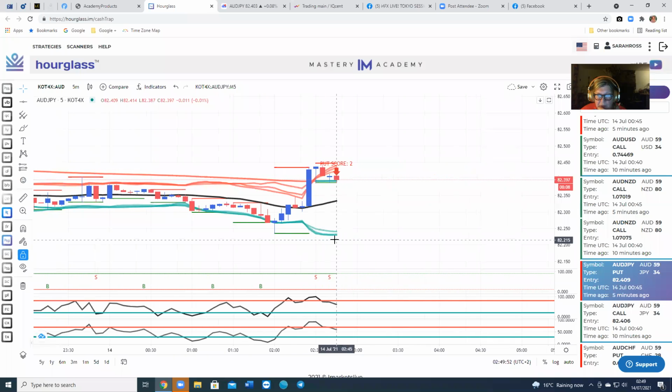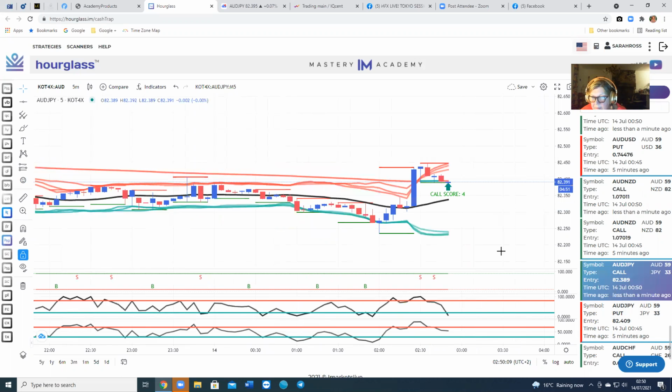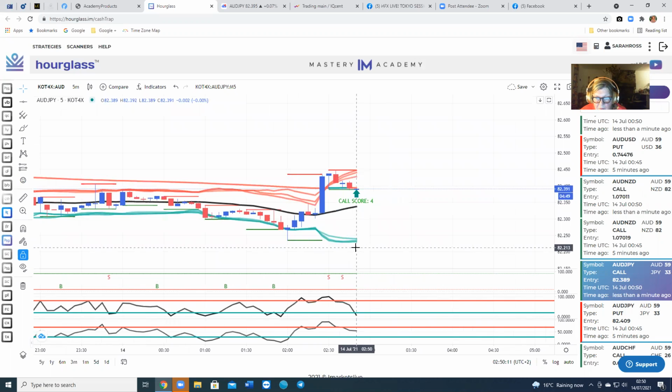Wait for the new 5-minute candle, because I like the look of the fact the price has now moved above the 200 moving average. That's given us a call at 389, call score of 4 at 389.